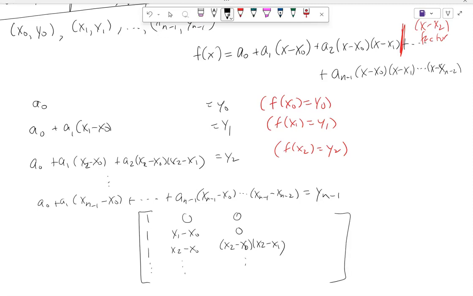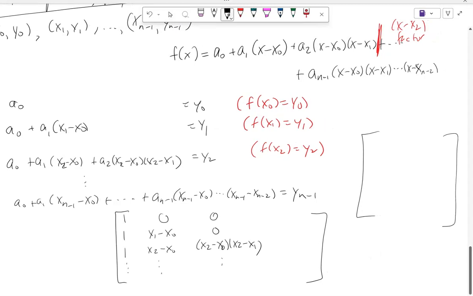And so you get a form that looks like something like this, and a bunch of zeros up here. Right? That's why this is what's actually referred to as lower triangular.